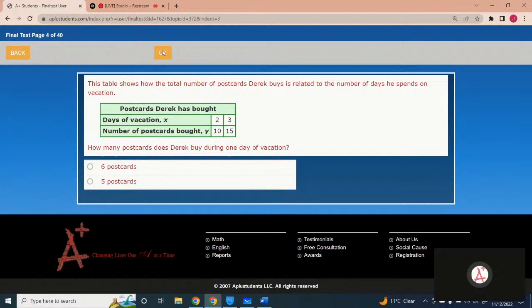You have to do Y over X. So 10 over 2 is 5, and 15 over 3 is 5.